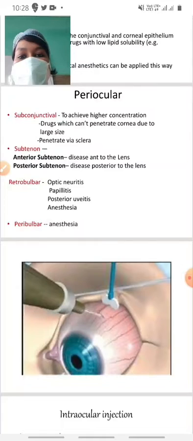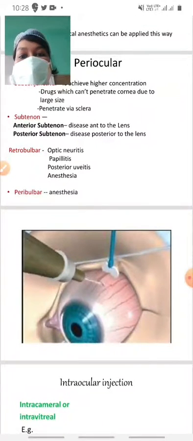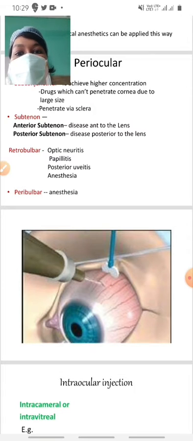A little something about the subconjunctival route. As I have said, they penetrate directly via the sclera and achieve a higher concentration. The subtenon injections can be either anterior subtenon or posterior subtenon. In anterior subtenon, we give it for diseases which are anterior to the lens, and posterior subtenon is for diseases related to the retina and vitreous.